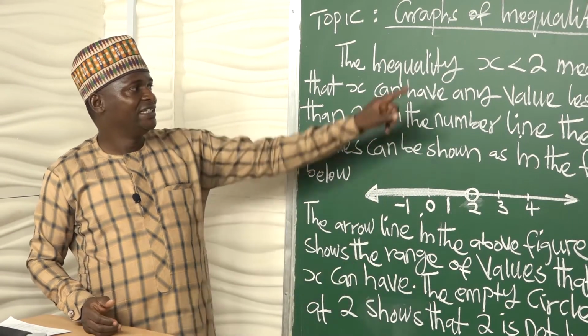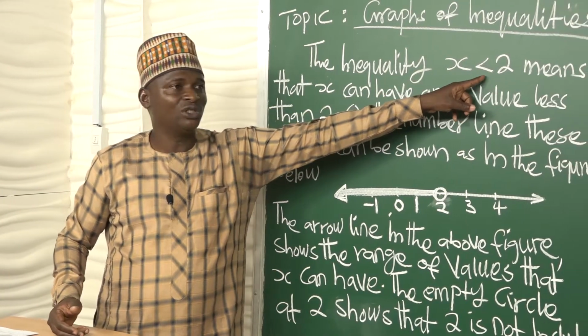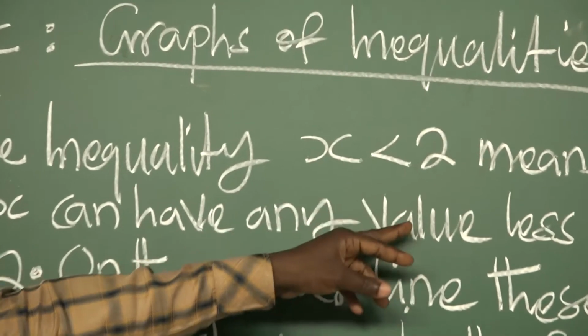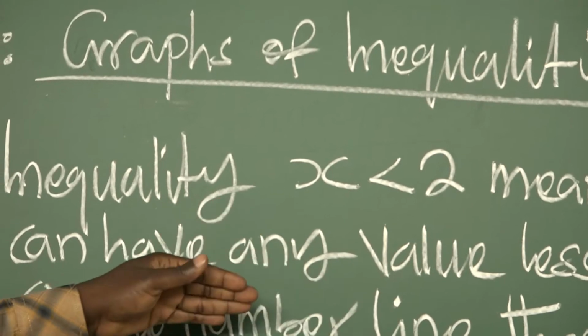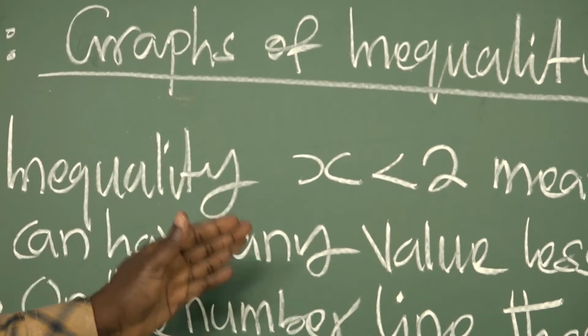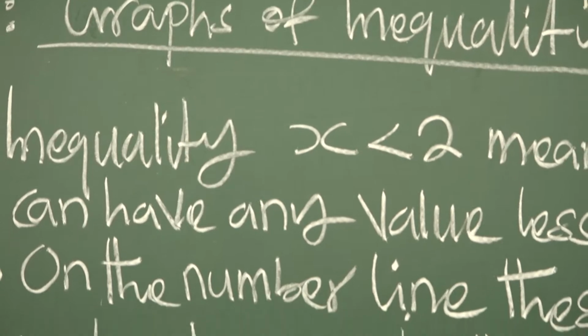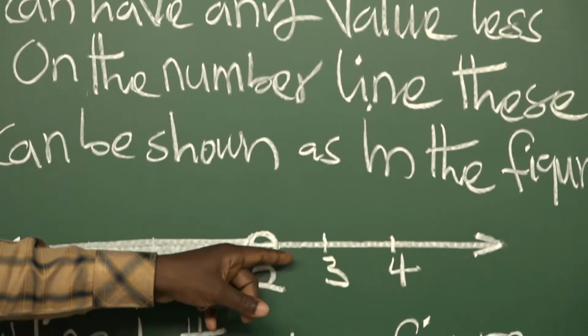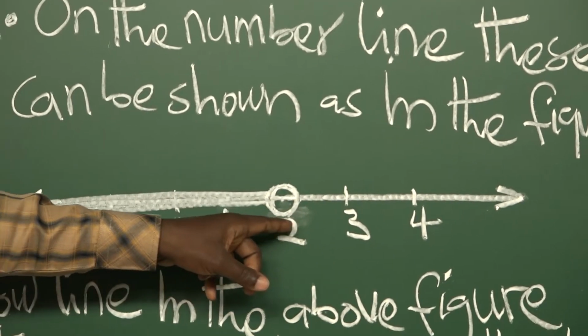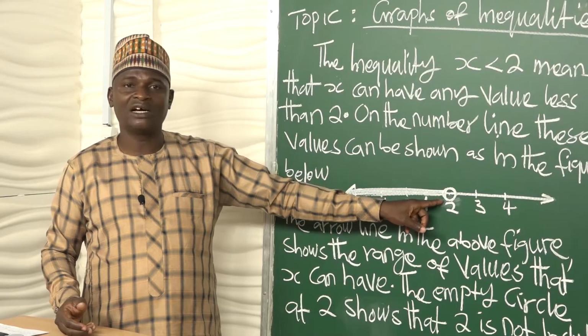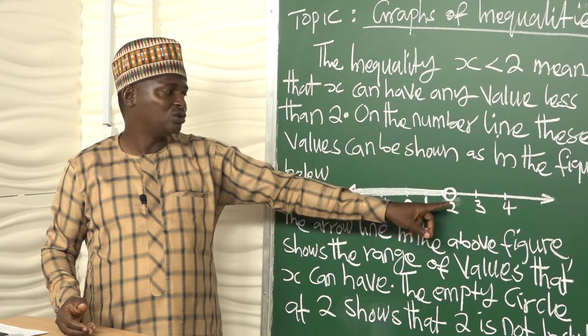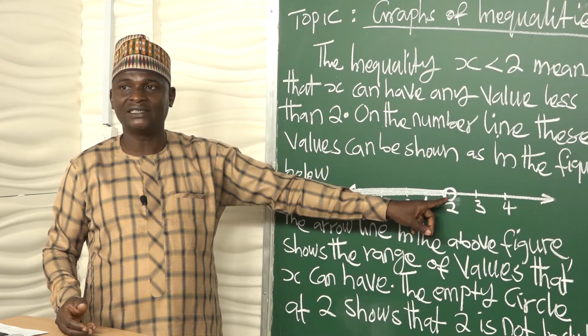Now, for this inequality solution, x is less than 2, it means that values of x are numbers that are less than 2. That's why you have to come to the 2 and draw an empty circle right on 2, where you have 2 on the number line.